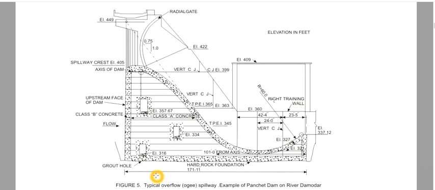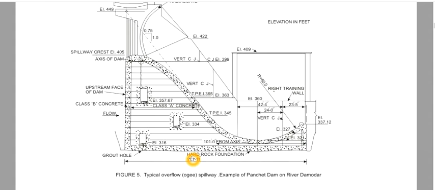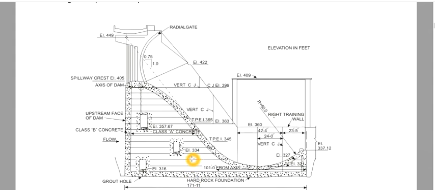The typical overflow ogee spillway is constructed over a hard rock foundation. Here is your right training wall. This is your radial gate for an ogee spillway. This is the example of Panchet Dam on River Damodar.